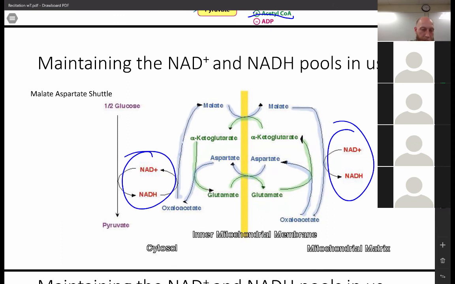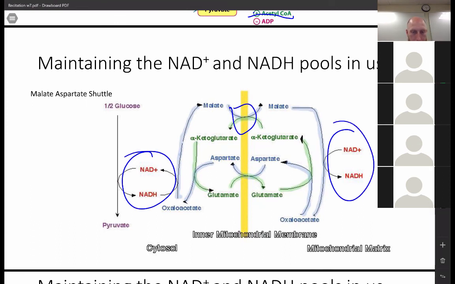So the cytosolic NADH is not going to be transferred to the mitochondria, but the energy equivalent, the high energy electron that is reducing NAD to NADH, is going to be transferred using malate into oxaloacetate, and then you have to convert that back to alpha-ketoglutarate, so you can use an antiporter system to pump malate and alpha-ketoglutarate in different directions, and then you have to maintain your glutamate and aspartate so that you can convert oxaloacetate to alpha-ketoglutarate or alpha-ketoglutarate to oxaloacetate.